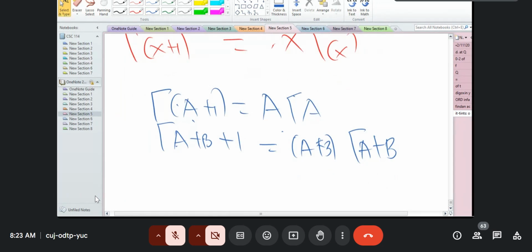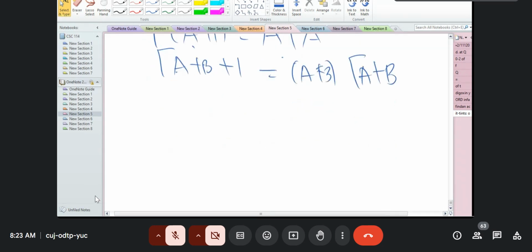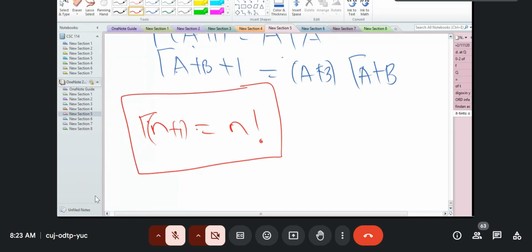We can now move to the relation between the gamma function and the factorial function by investigating what gamma of n plus 1 equals. Gamma of n plus 1 is equal to n factorial. Let's verify this result.